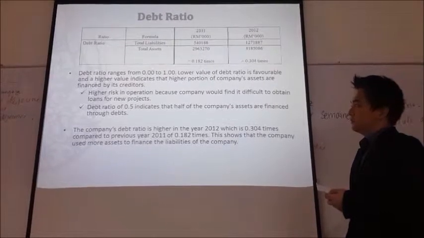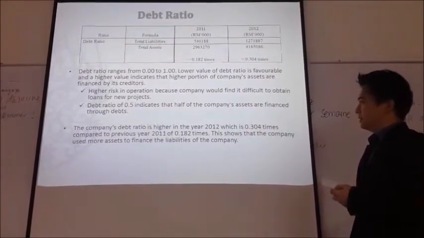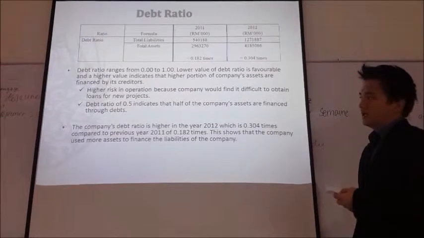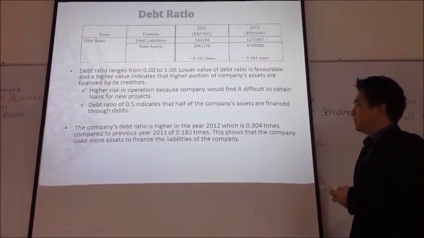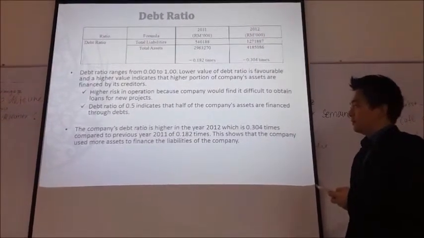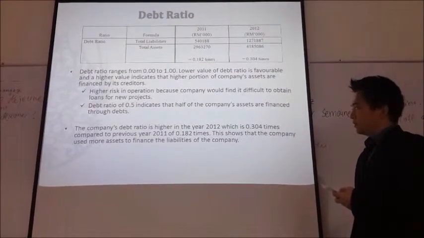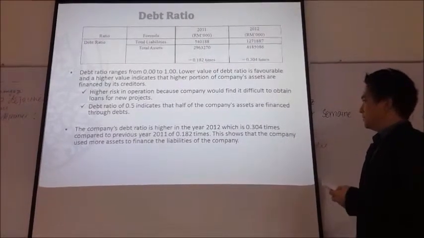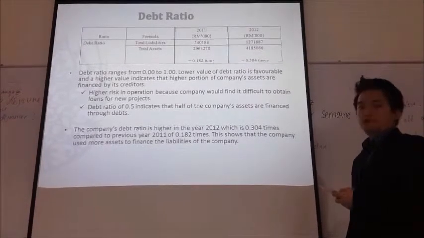A debt ratio of 0.5 indicates that half of the company's assets are financed through debts. And lastly, the company's debt ratio is higher in 2012, which is 0.304 times, compared to the previous year 2011 of 0.182 times. This shows that the company used more assets to finance the liability of the company.